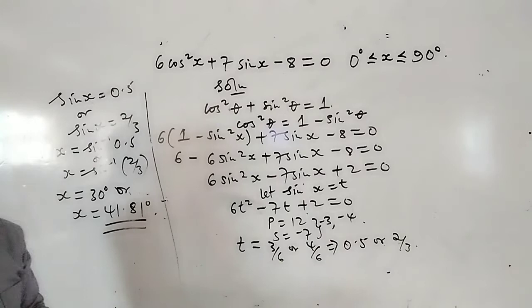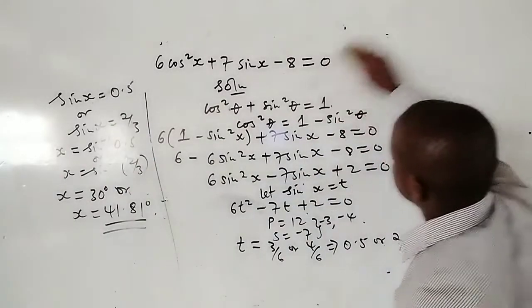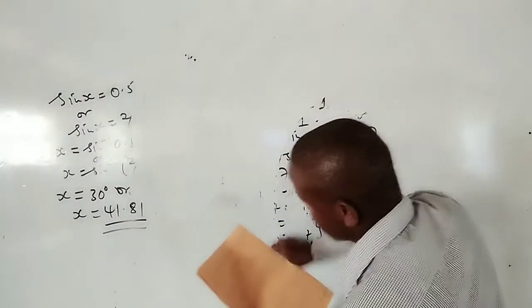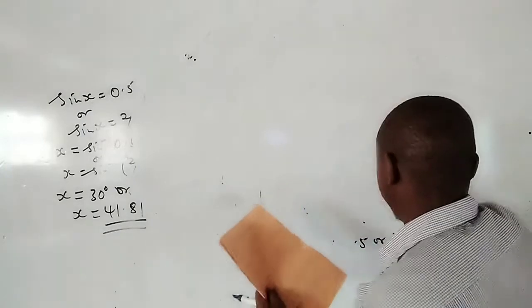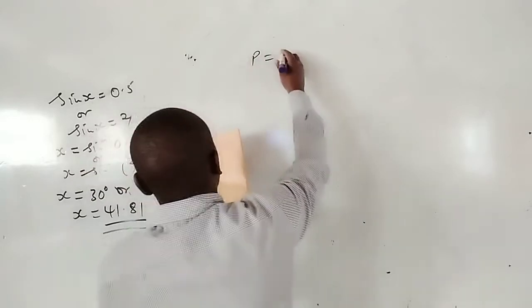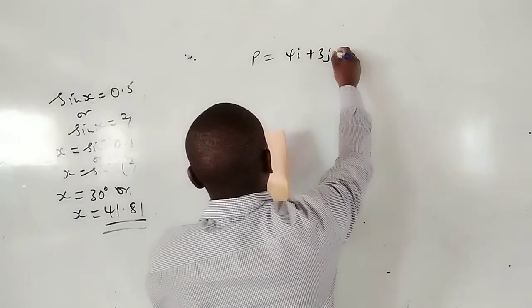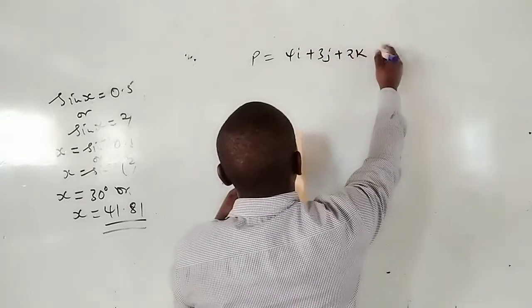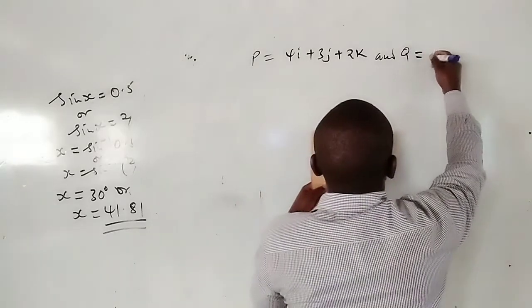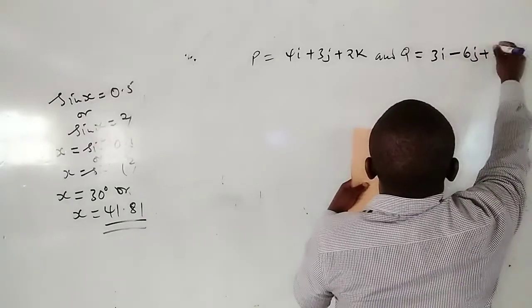Number 7. We are told the position vectors for P and Q are, for P, 4i plus 3j plus 2k, and for Q, 3i minus 6j plus 6k.